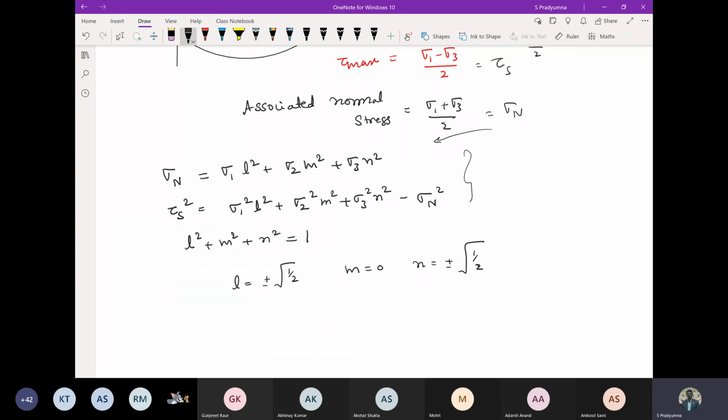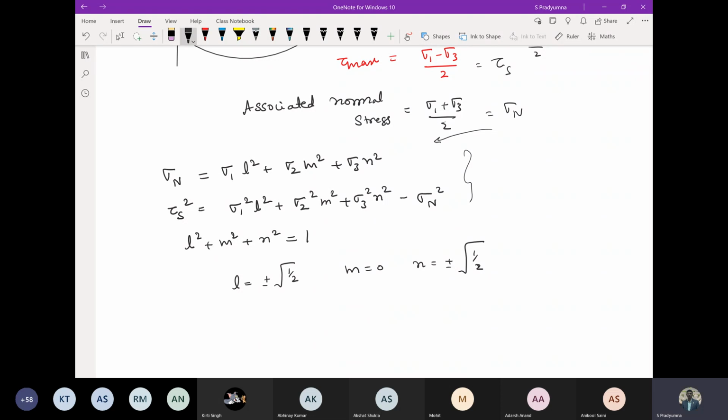So what does it suggest? It means that the planes on which the value of the shear stress is maximum make an angle of 45 degrees, or perpendicular to that, 135 degrees, with respect to the sigma 1, sigma 2, sigma 3 planes, right?